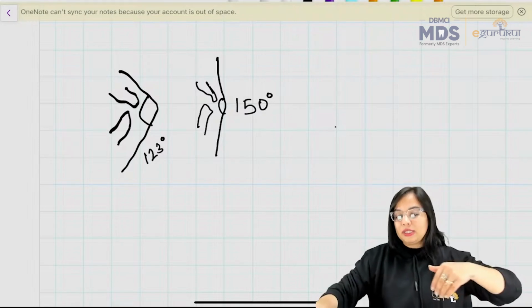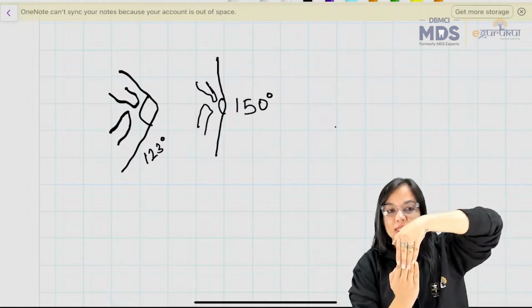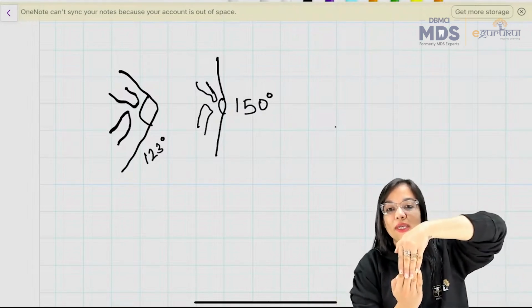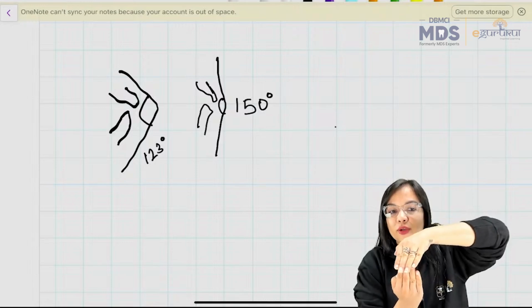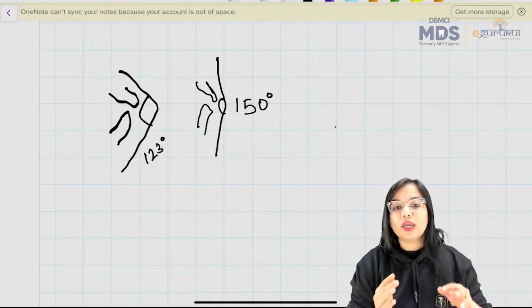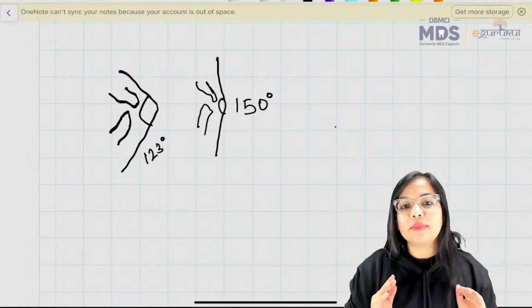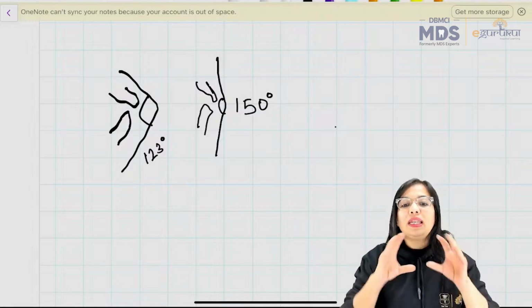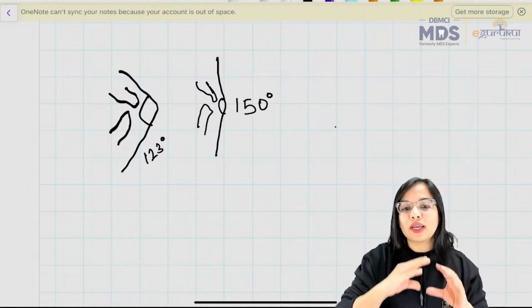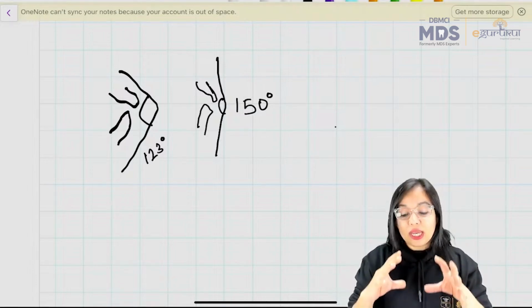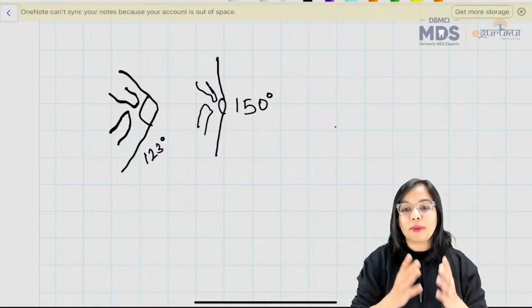So just imagine if something is like this, it is occupying a little more space as compared to when something is like this. So a part of the incisal liability is coped by the reduced angle of inclination in the permanent teeth as compared to the primary teeth.